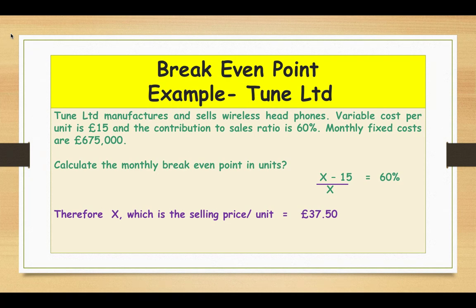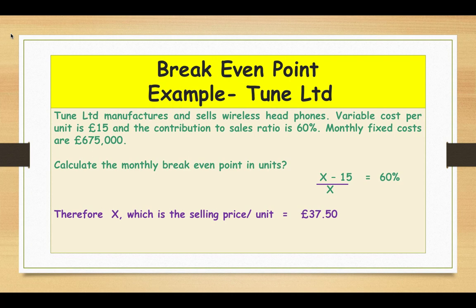So using the contribution to sales ratio, we need to calculate the selling price per unit in order to calculate the contribution per unit. So we'll say the selling price per unit is X pounds, for example. Instead of the contribution, we can put X, which is our selling price, take away the £15, which is the variable cost per unit.